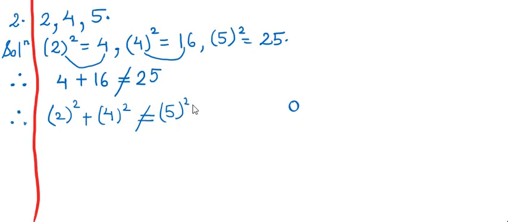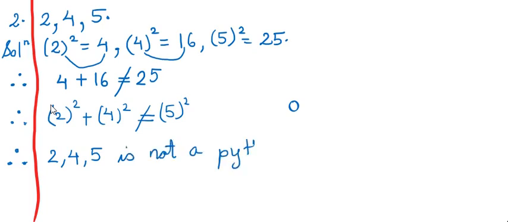Understood or no? Therefore, we can write here. Say, I am going to write. Therefore, 2, 4 and 5 is not a Pythagorean triplet. Understood?